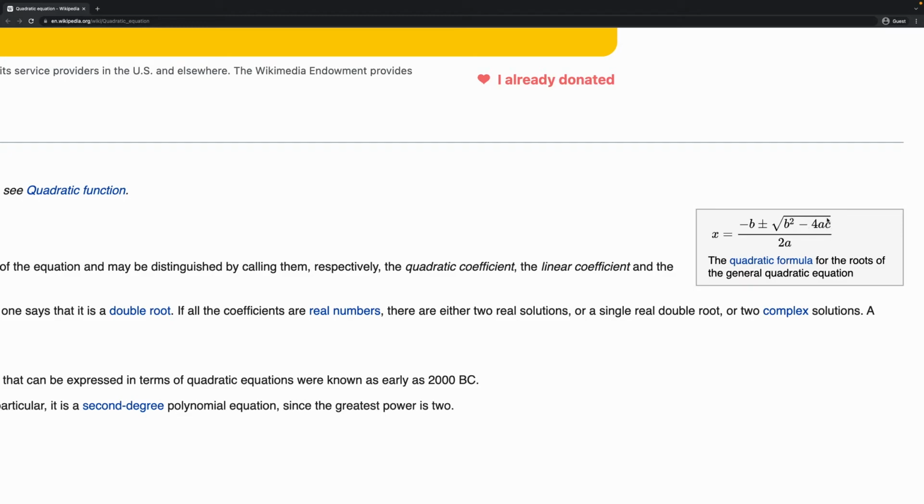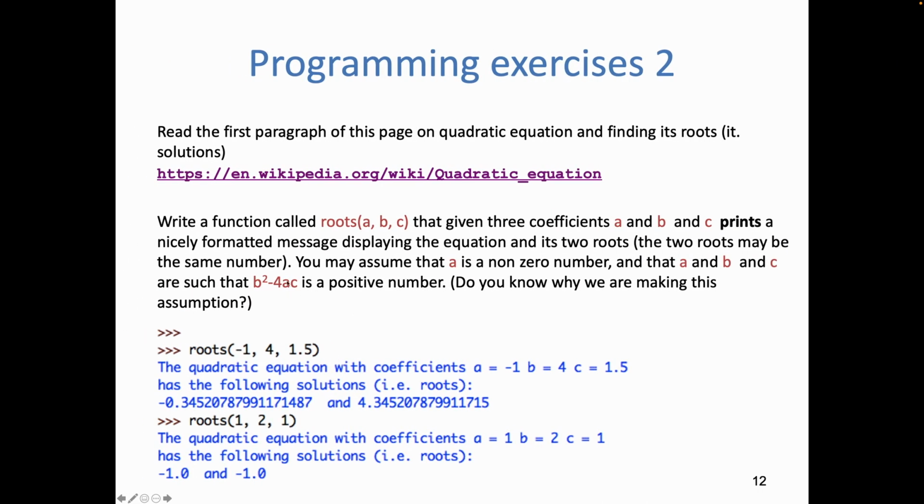So here we only consider the real numbers, not complex numbers. So in real numbers, if b squared minus 4ac is smaller than 0, then the square root of it doesn't exist. So we just assume that this part is a positive number. So in this function you need to calculate the two roots.